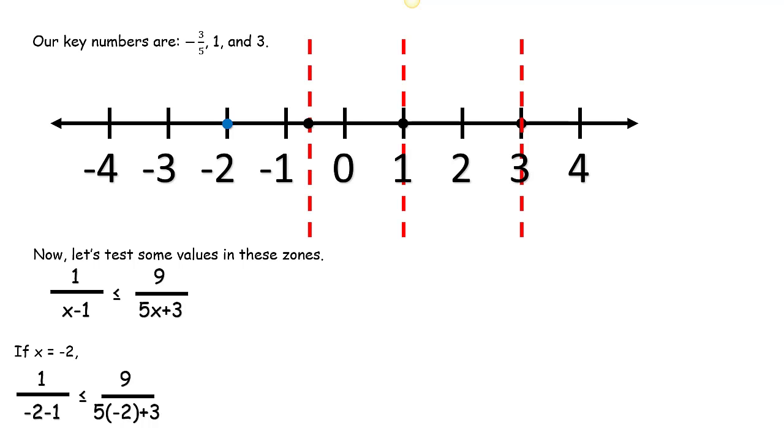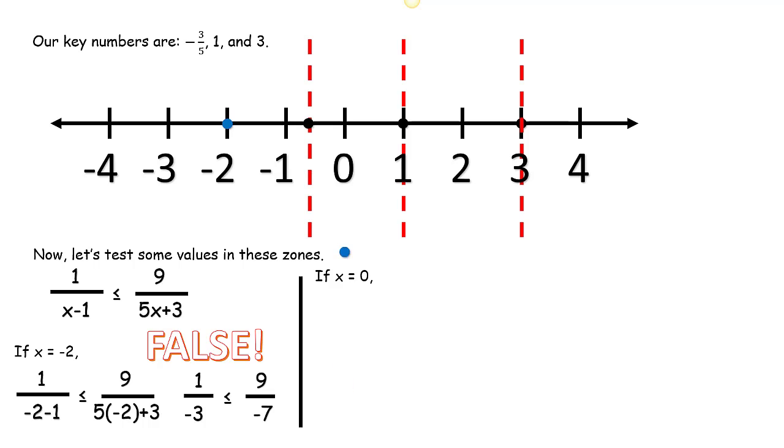So you plug in negative 2 for x in both places. And you simplify that down, you get a statement that negative 1/3 is less than or equal to negative 9/7. And that is not true. All right, remember 9/7 is a larger number. It's a little bit more than 1, but it's a negative, so it's more negative. All right, so that means it's smaller. So that is a false statement. So it's not true there.